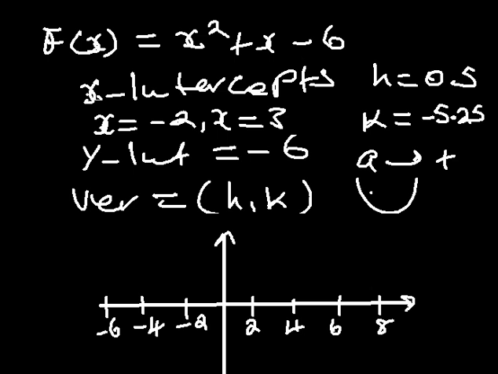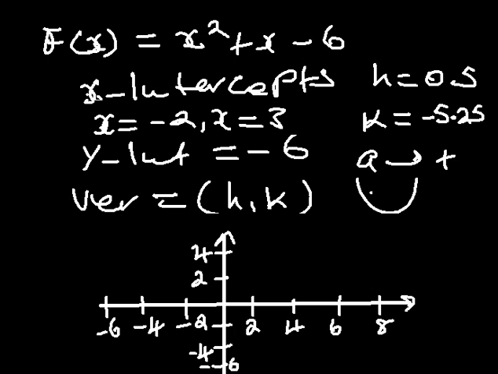And in this case, we can also have, let's say, 2, 4, -2, let's say this is -2, this is -4, and this is -6. Then we have to highlight the turning point.